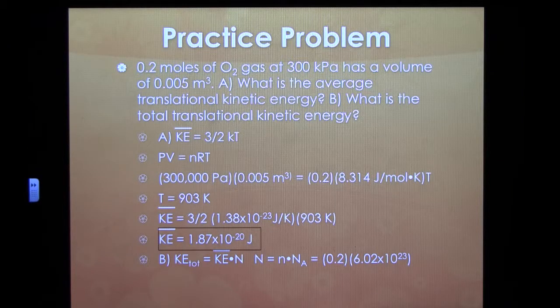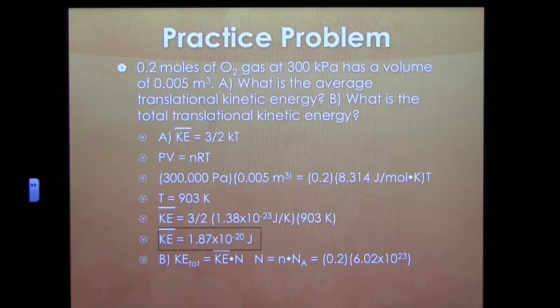Now, the average translational kinetic energy just refers to the kinetic energy of a single molecule, or the average of a single molecule. So to find the total kinetic energy, we have to take the average kinetic energy and multiply it by capital N, the number of molecules. We aren't specifically given the number of molecules, but we can find it if we know the number of moles and Avogadro's number.